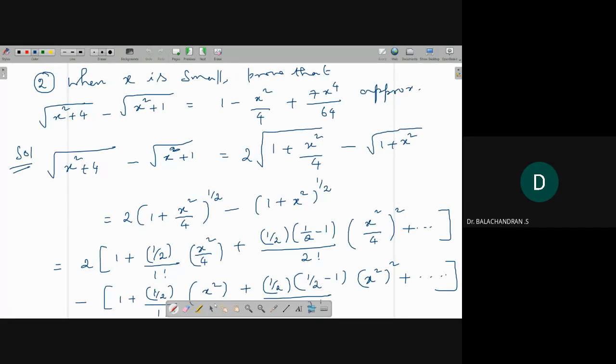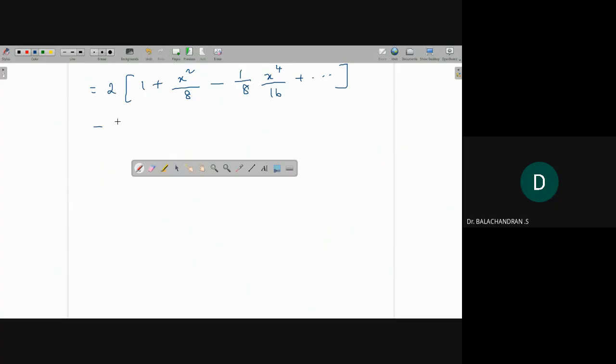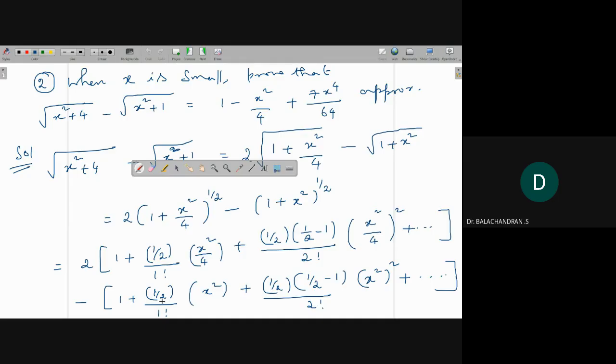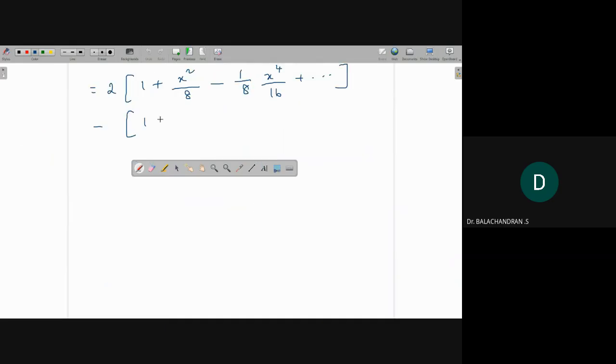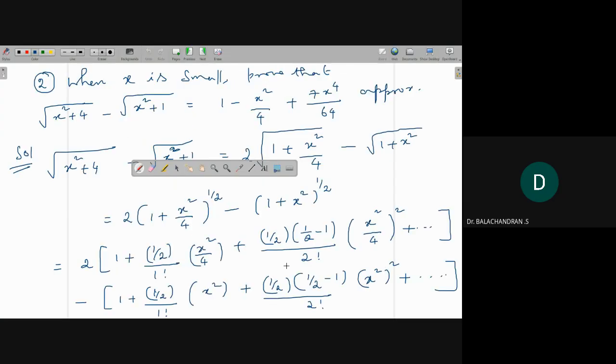What is the next term here? Next one is minus of 1 plus, if you simplify, you'll get what? 1 plus 1 by 2 x square, then this is minus half, plus half, so minus 1 by 8.